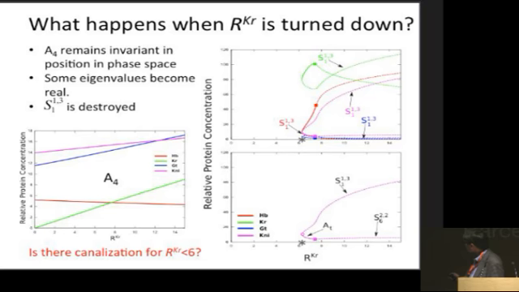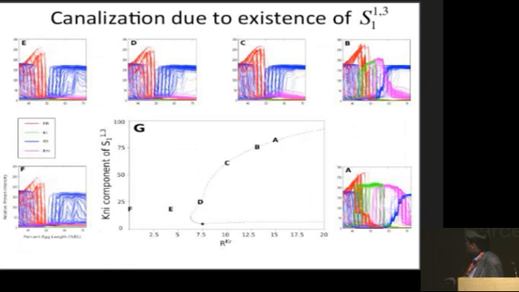Here we're turning down the strength of Kruppel from wild type values to null. Okay, S13 annihilates with S22. And once it goes away, that unstable manifold that is emanating from it goes away too. And that, in fact, is what causes the decanalization.